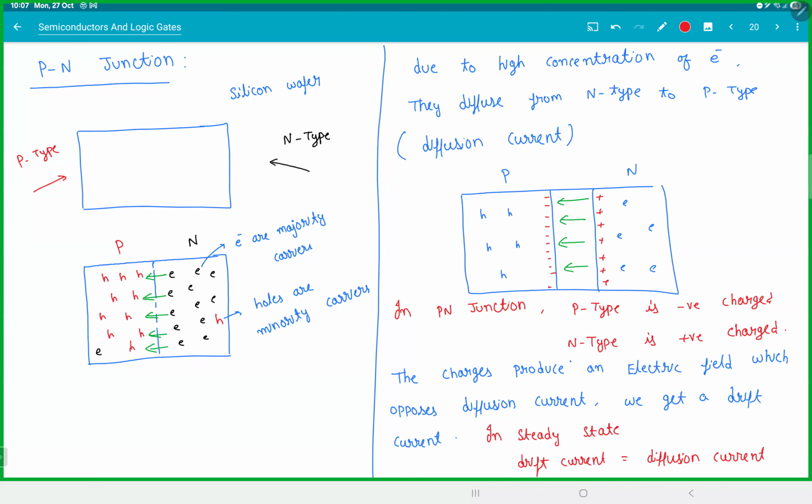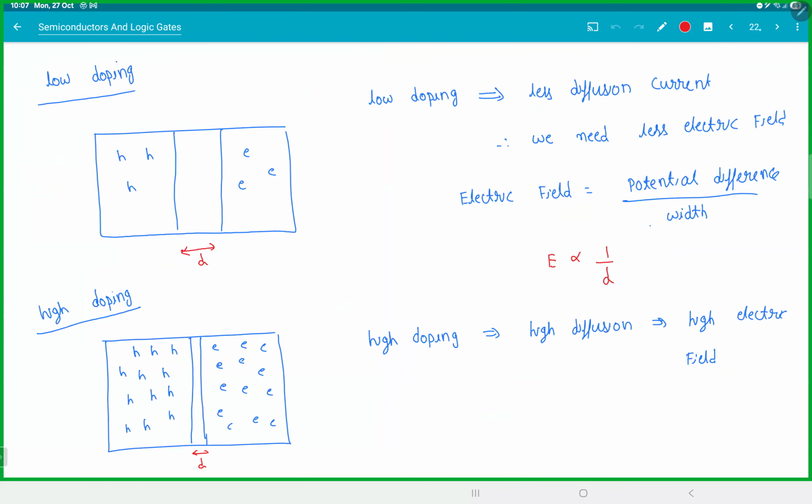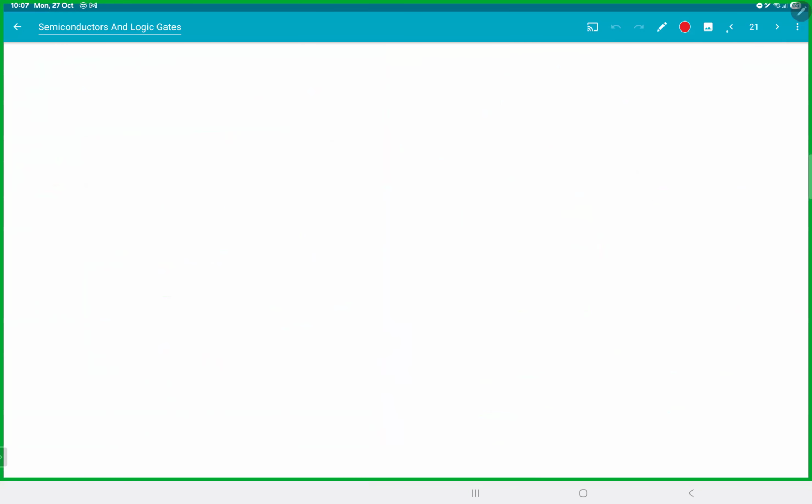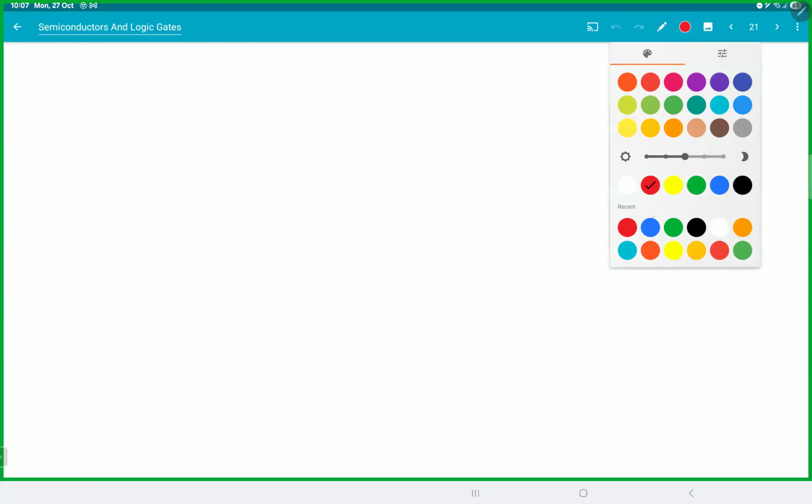Any doubts on this page? So once this keeps happening, we get something like a region here.